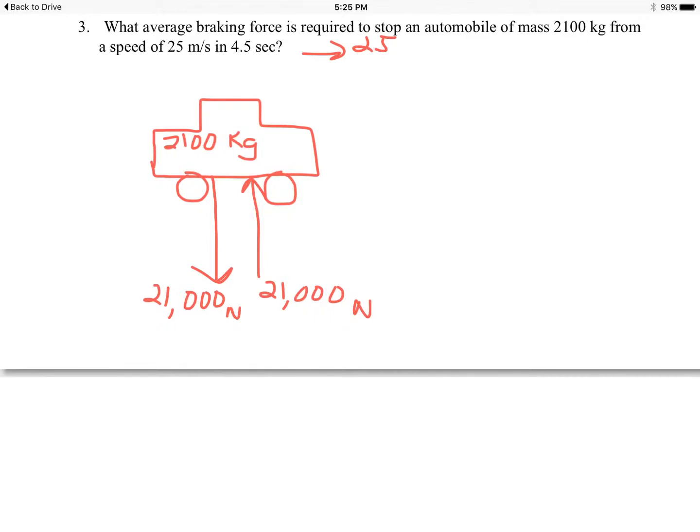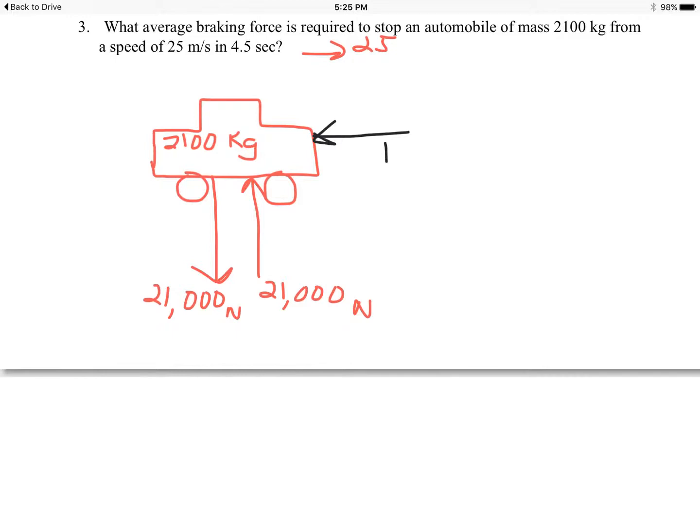Now, you hit the brakes, and the brakes are not that complicated, but it's hard to show a detailed picture of the brakes in a diagram. But the net result is, if the car is going to the right and you hit the brakes, and we're ignoring air resistance and all that kind of stuff here, the major thing that's stopping the car is a frictional force, a braking force.